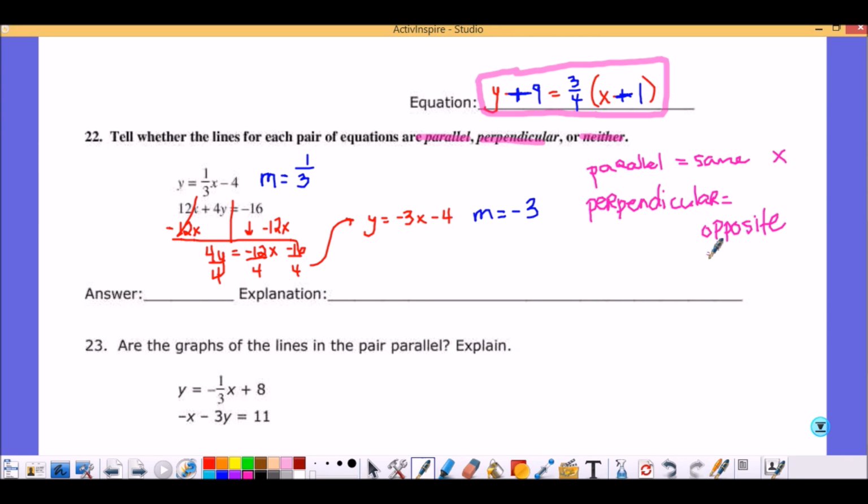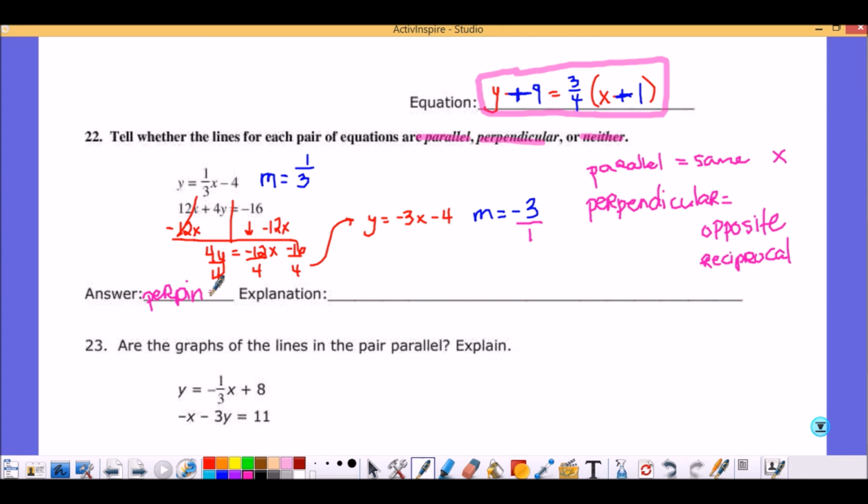And we also have a reciprocal. Alright, so the reciprocal means a flip. So the flip of 1/3 is 3/1. So this is going to be perpendicular.